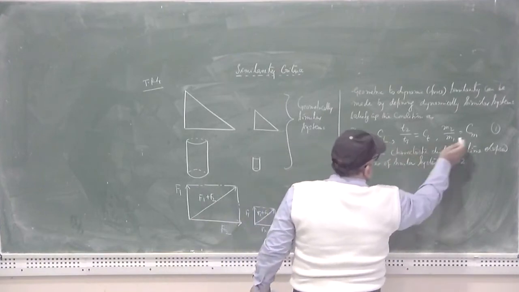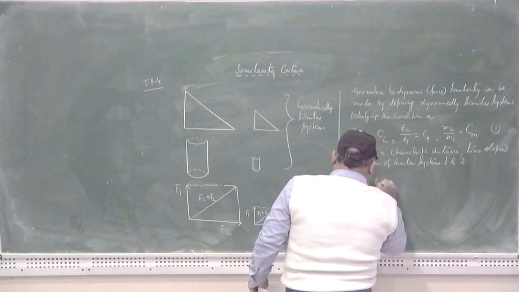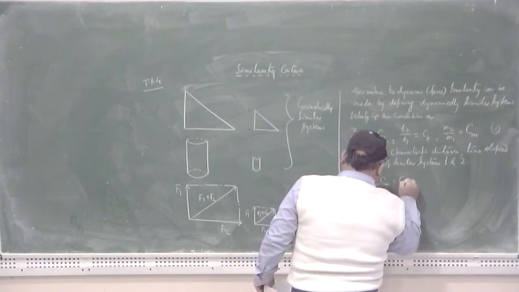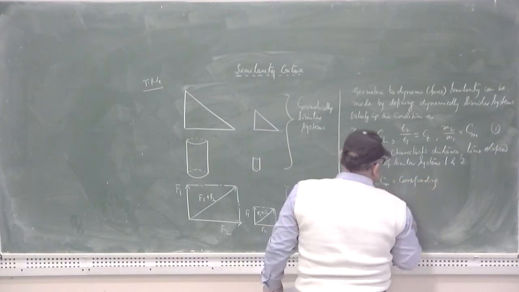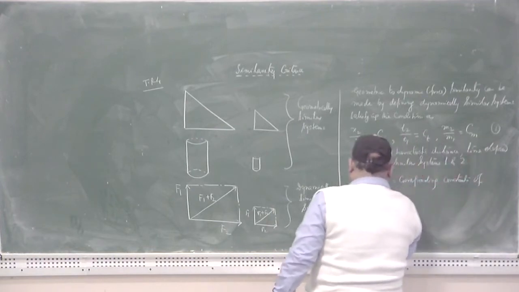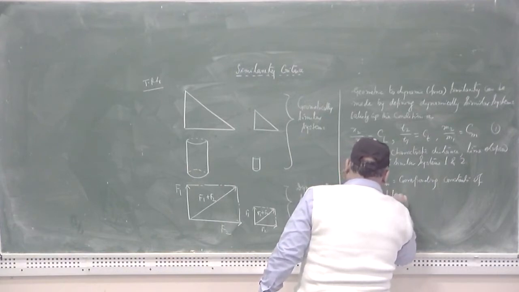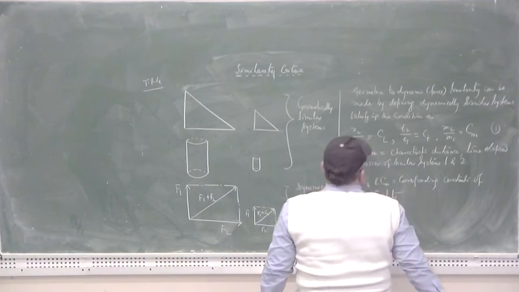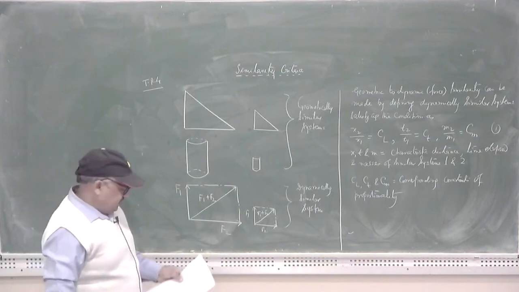So far as these constants are concerned, CL, CT and Cm are the corresponding constants of proportionality.